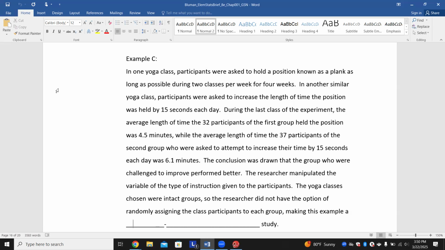The conclusion was drawn that the group who were challenged to perform better did better. The researcher manipulated the variable of the type of instruction given to the participant. The yoga classes chosen were intact groups, so the researcher did not have the option of randomly assigning the class participants in each group, making this example a quasi experimental study.